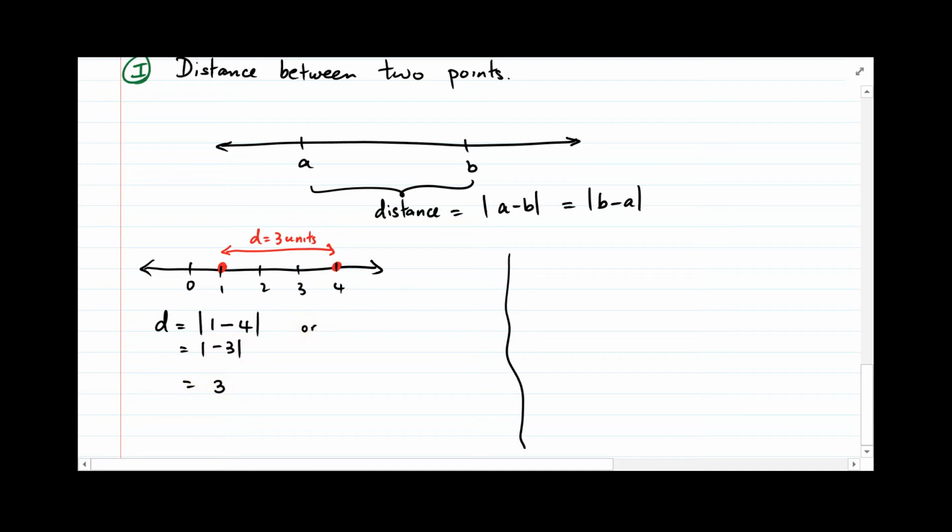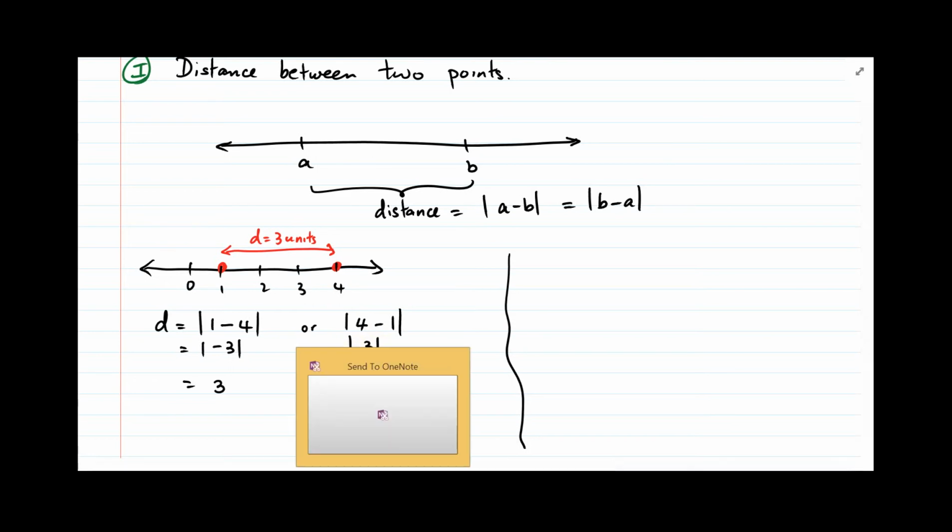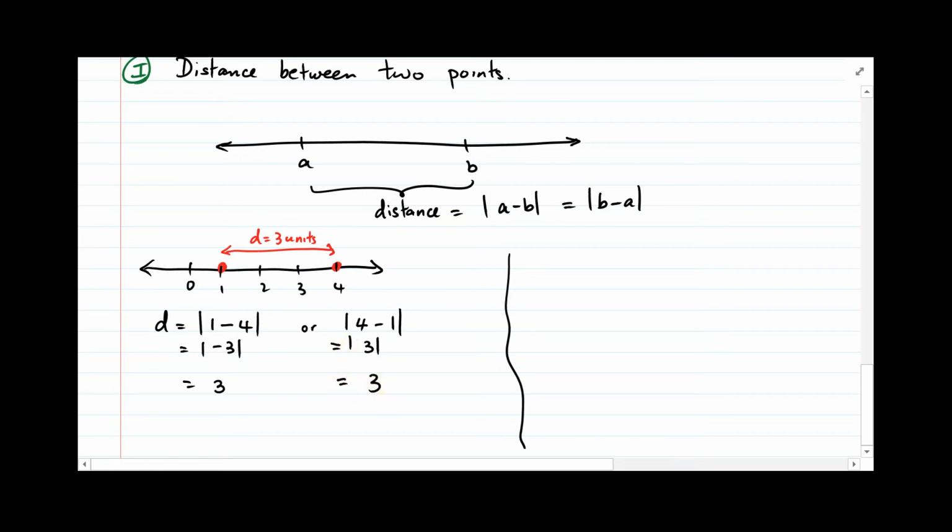Or, as you saw, it didn't matter the order that I put them in, as long as I subtracted one endpoint from the other. So here we have 4 minus 1, and that is equal to the absolute value of 3, but the absolute value of 3 is 3. So again, it doesn't matter the order, I will end up with the same result.